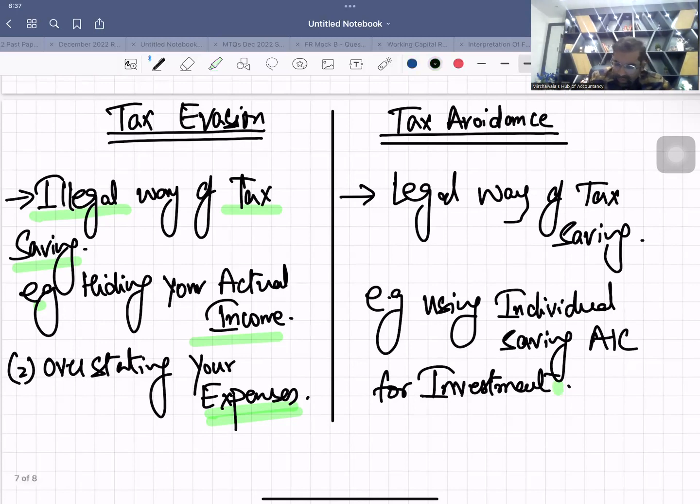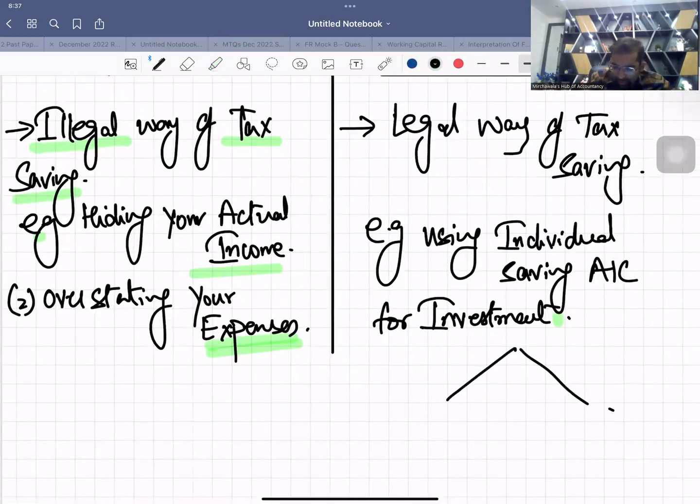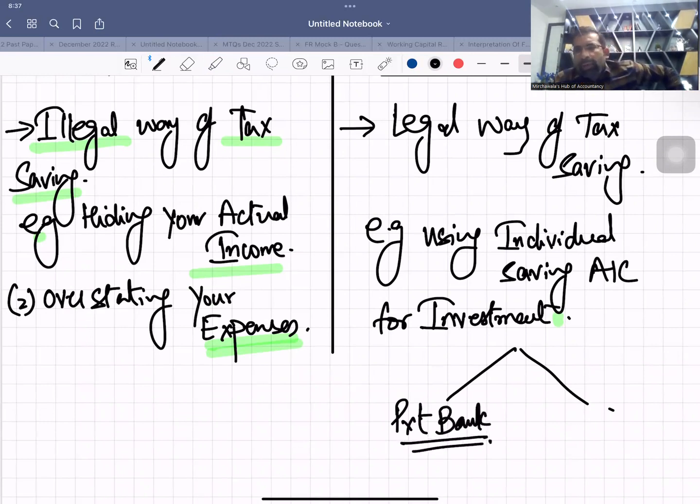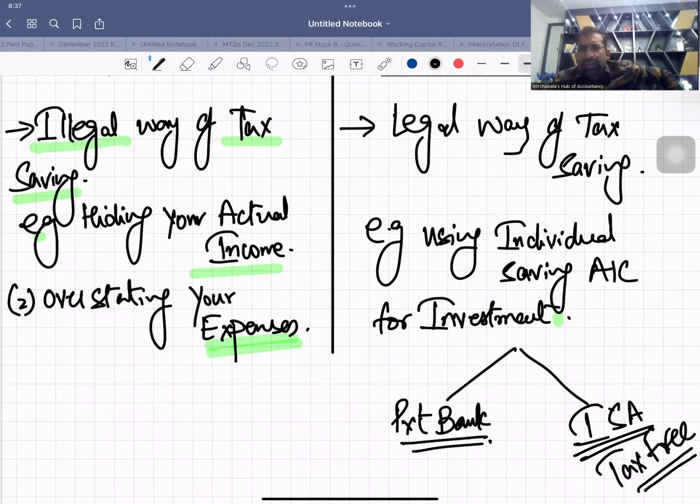Listen, if you invest in any private bank in the UK, you have to pay 20% or 40% tax on interest income. But if you invest in this ISA, what is the full form of ISA? Individual savings account. If you invest in this government account, this is tax free. So yes, you can save tax here, and this is legal.